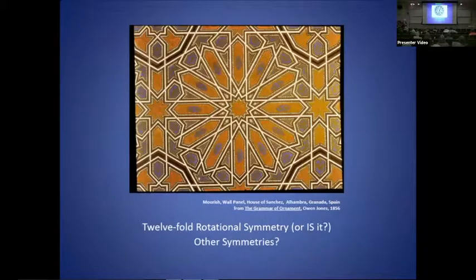Okay, this is that original, the thing that was in the second or third slide, a beautiful design from the Alhambra. And there are 12 of these little spokes in the design. So this central part at least has 12-fold rotational symmetry. Same is true of this star.